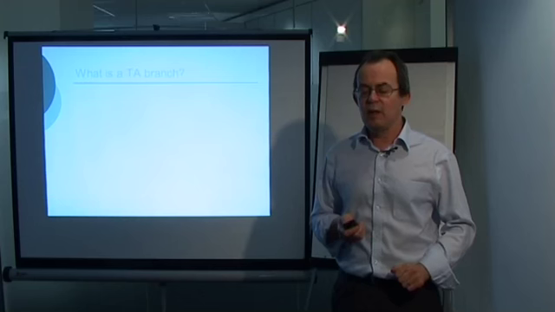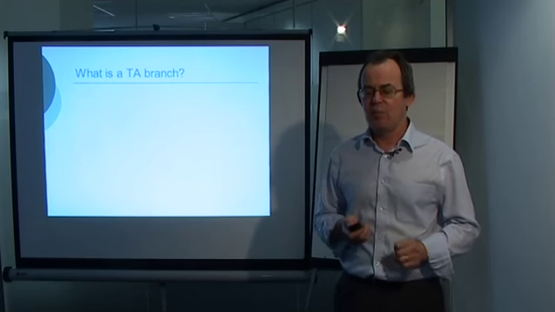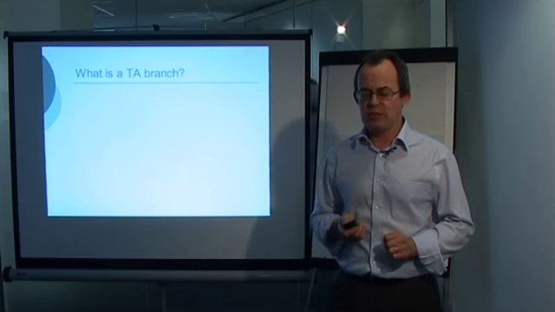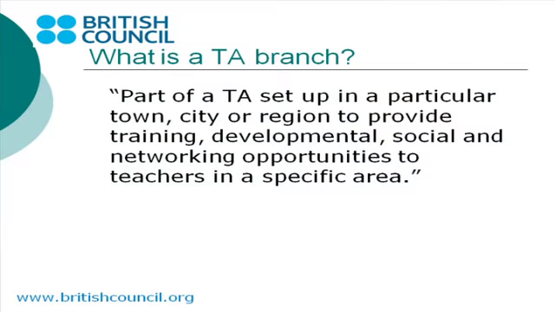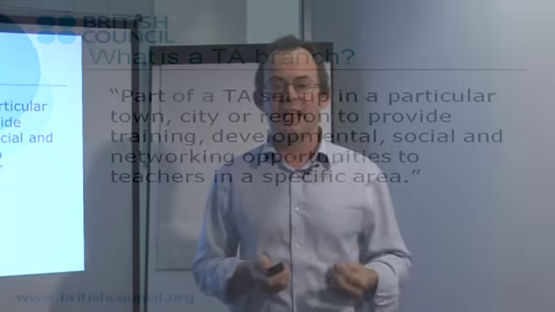So, question number one. What is a TA branch? Well, a TA branch is part of a TA set up in a particular town, city or region to provide training, developmental, social and networking opportunities to each teacher in a specific area.